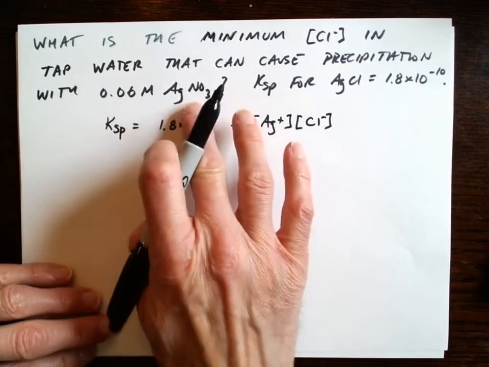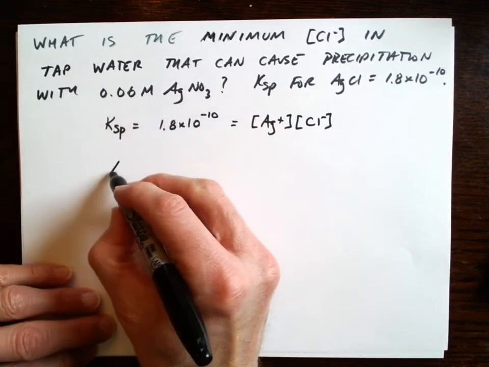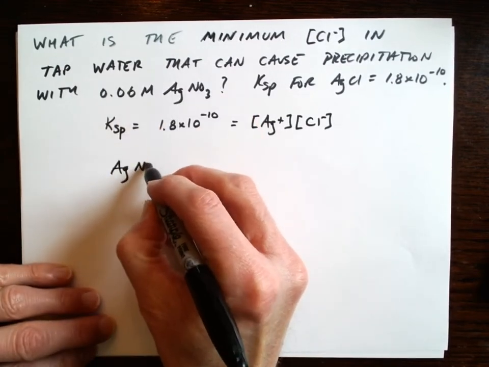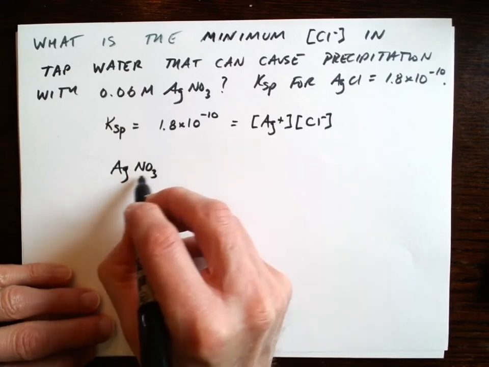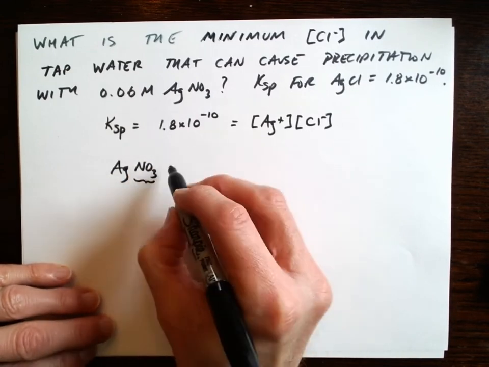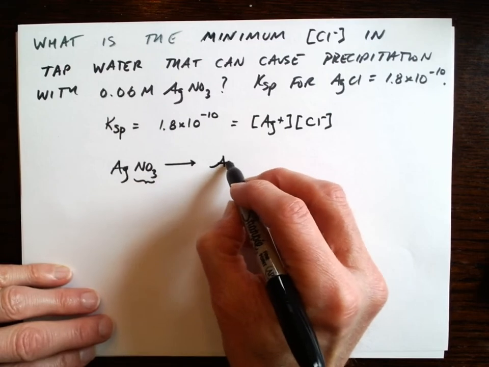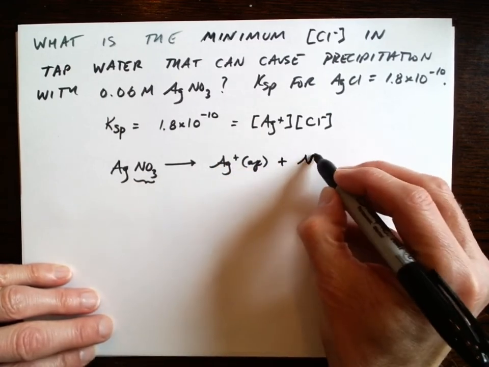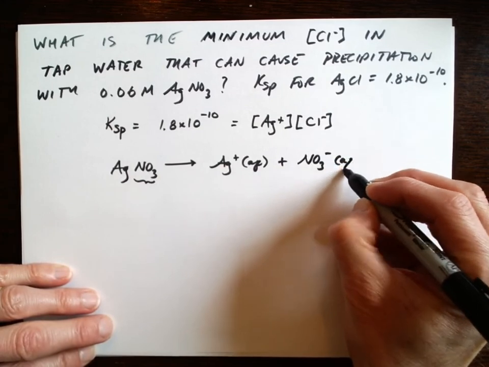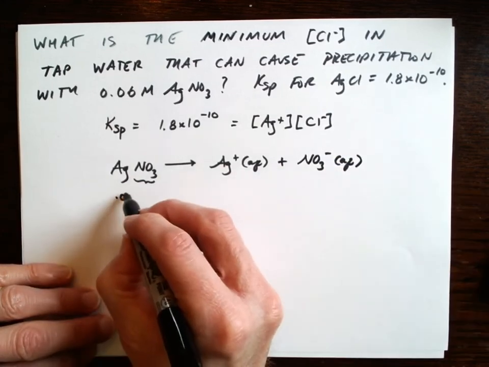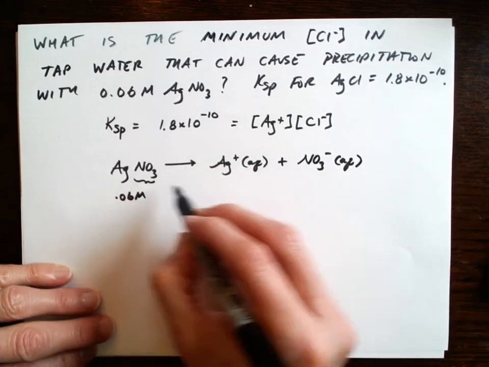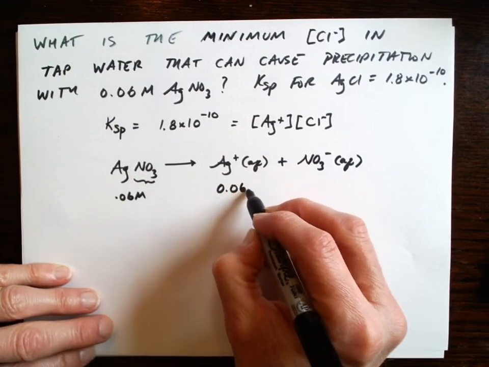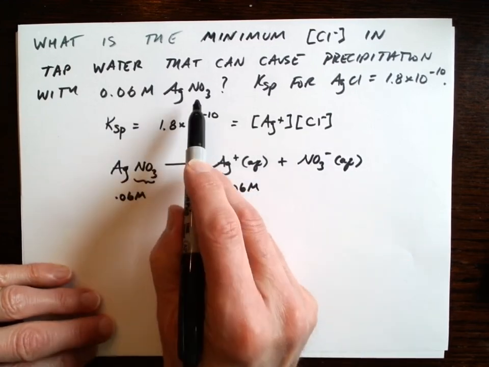We're given a concentration of silver ion, in silver nitrate, which is a soluble salt. All nitrate salts are soluble. So when this goes in water, you get full silver ion and full nitrate ion dissociated. If I have 0.06 molar silver nitrate, then I'm going to have 0.06 molar silver.